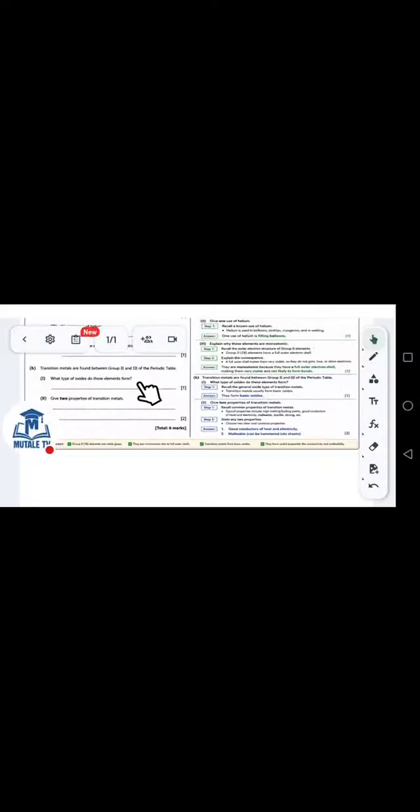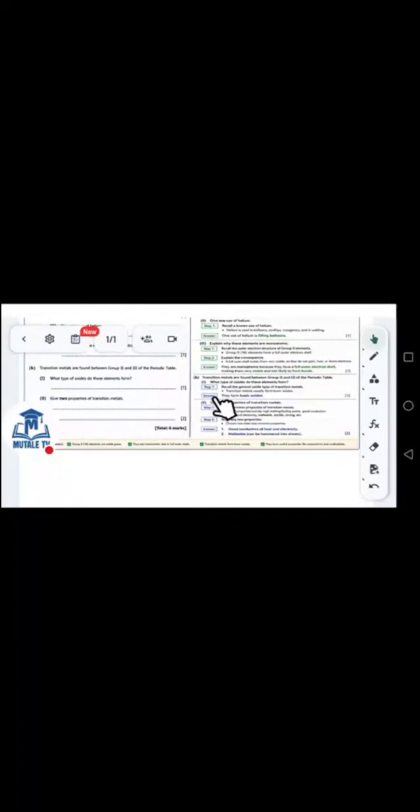These elements form basic oxides. Transition metals usually form basic oxides.